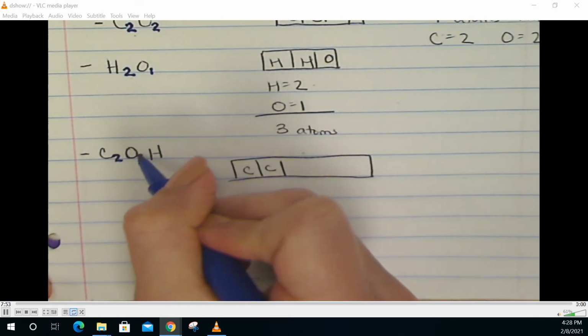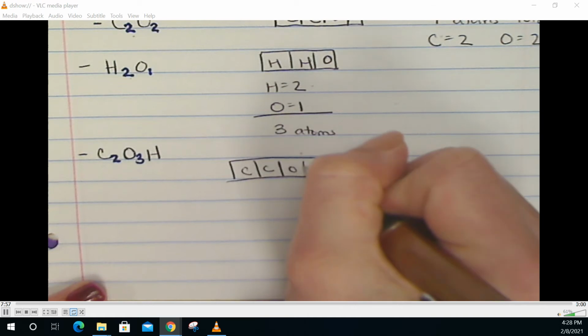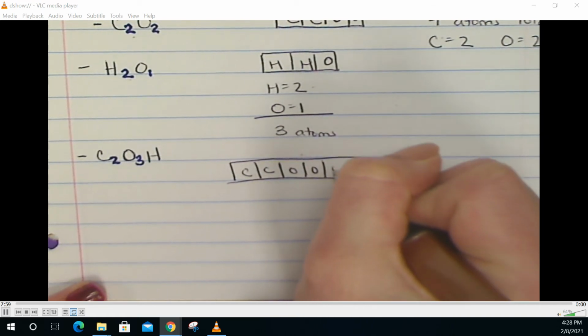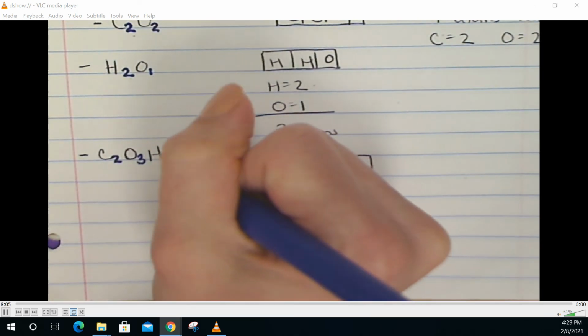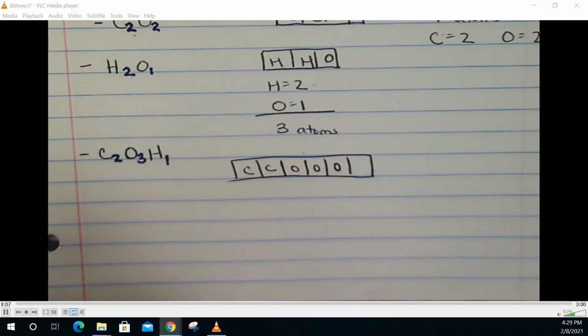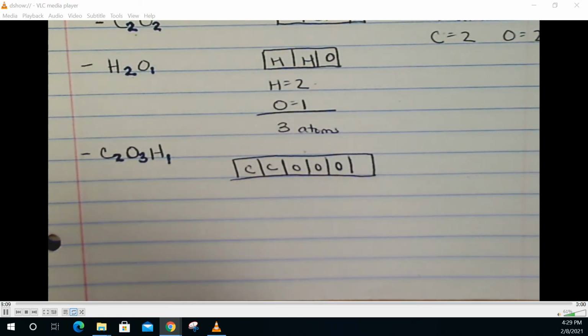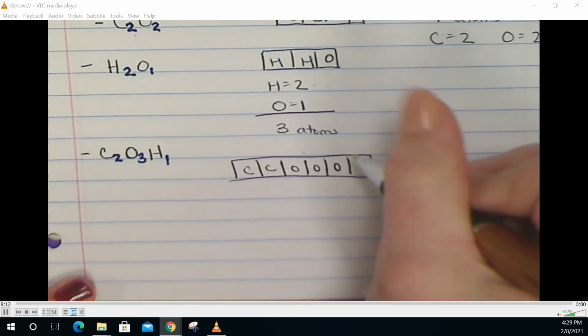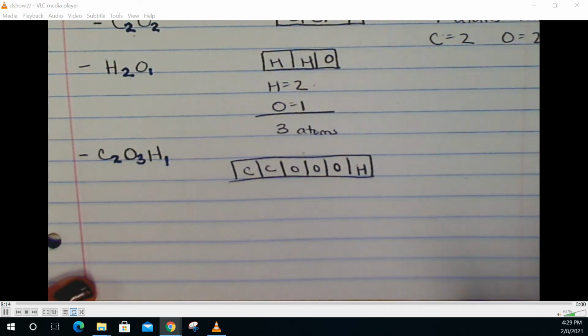The subscript for oxygen is 3, so oxygen has 3 atoms. And then hydrogen, again, doesn't have a subscript, so we're going to assume that it's always going to be a 1. Anytime that you don't see anything, I would just put a 1. And so hydrogen has 1 atom.